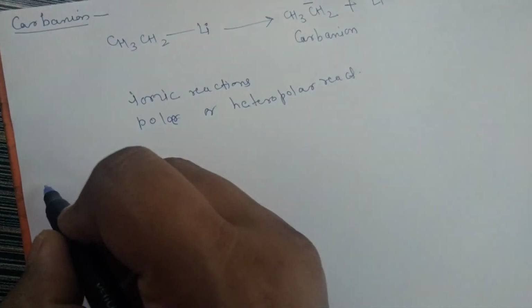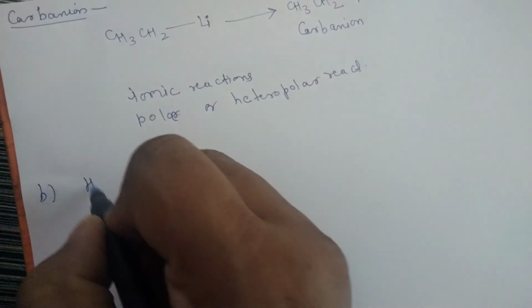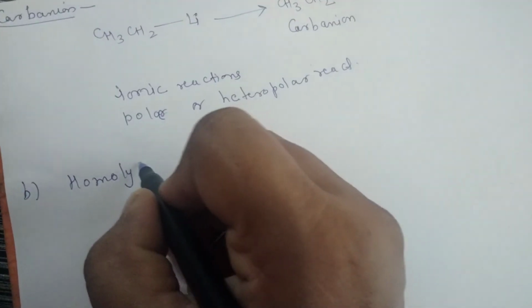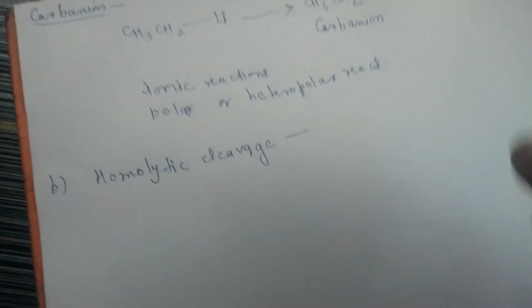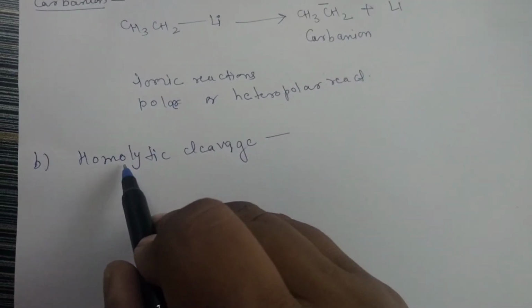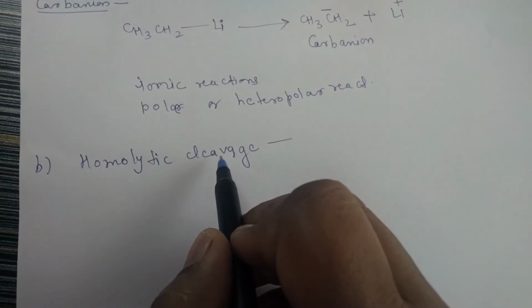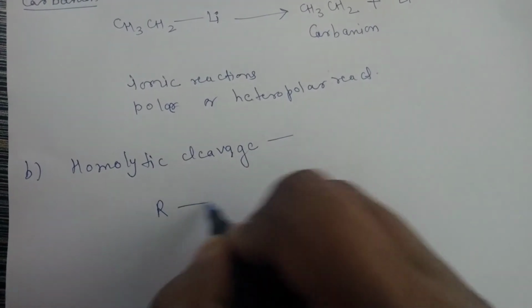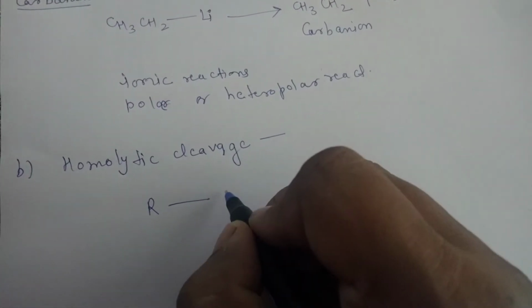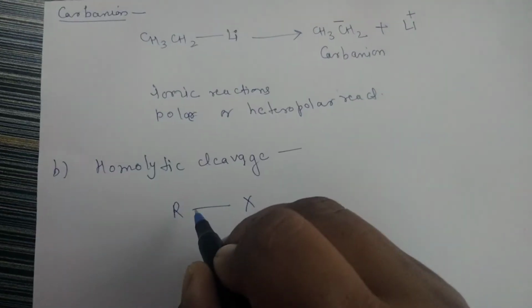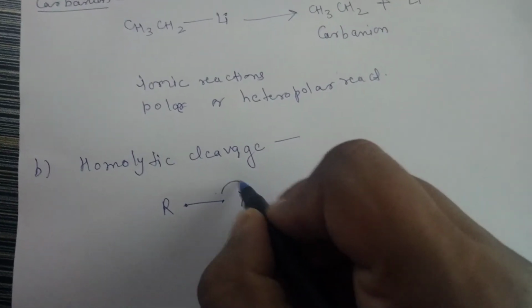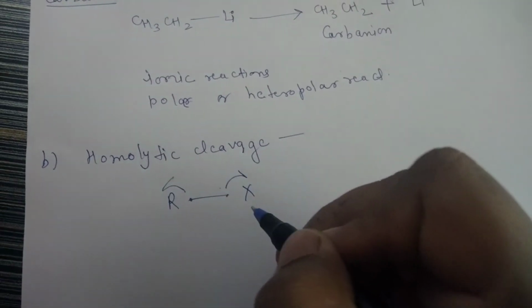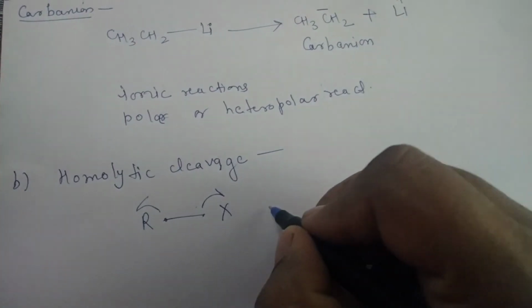Now let us deal with the second type, students, that is homolytic cleavage. You already know homo means same. If cleavage of covalent bond, breaking of covalent bond, takes place like this, that the shared pair of electrons is split, one taken by each atom, this electron taken by this and this electron taken by this, then it is called homolytic cleavage.